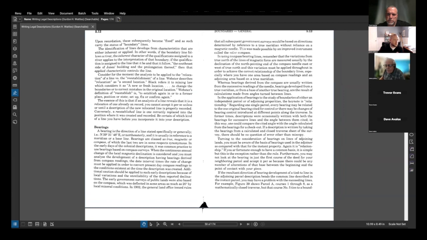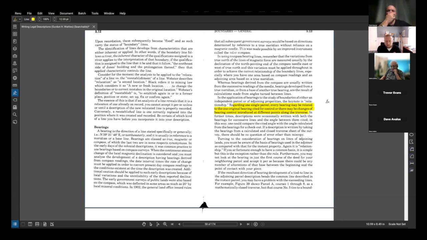Yep, right here. He talks about how, regarding a single parcel, every bearing may be related to one of the original bearings for control, or there may be changes of bearing control introduced at different points along the traverse. That's where he talks about changing the base bearings.